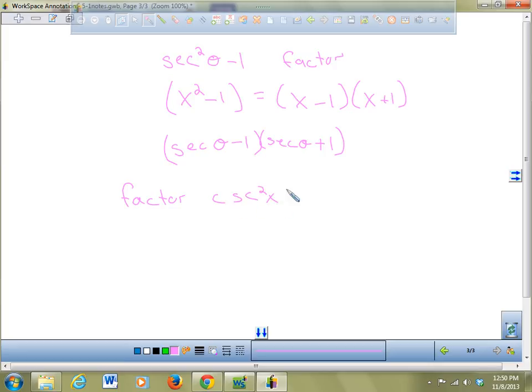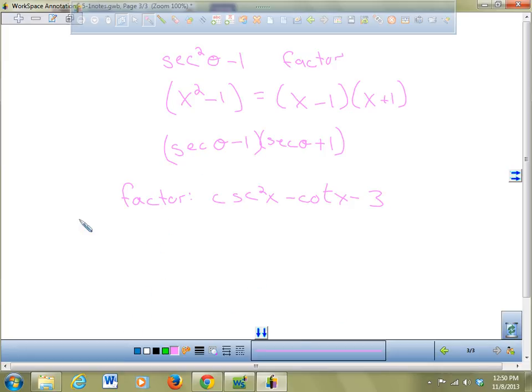Cosecant squared x minus cotangent of x minus 3. And you say, I can't factor that. I have cosecant, I have cotangent, it's like having x's and y's. So what you have to think when you see something like this, where you have mixed trig functions and they want you to factor it, is to look at one of those identities.